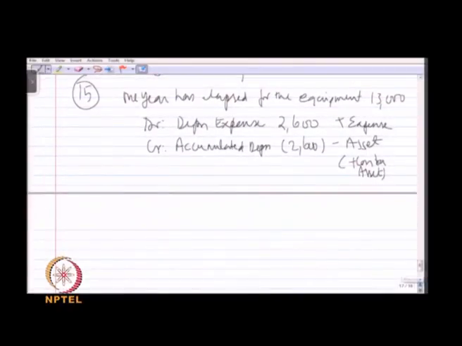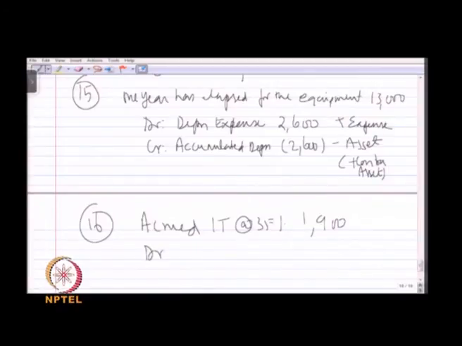Let us say finally, the accrued income tax, let us say tax rate is 35% and your net income after all expenses was 1900 rupees, then it is accrued, so not yet paid, but you are treating it as an expense, because of the principle of conservatism, 665 is an expense.